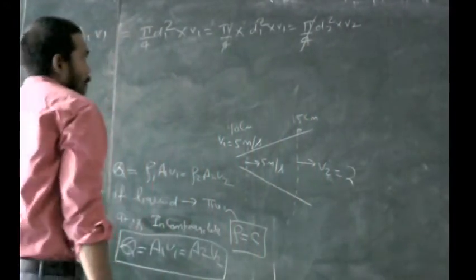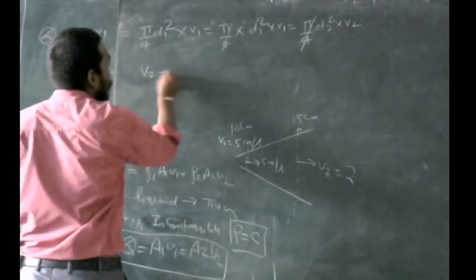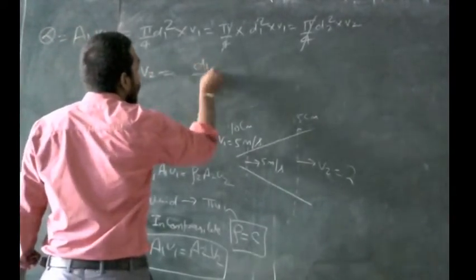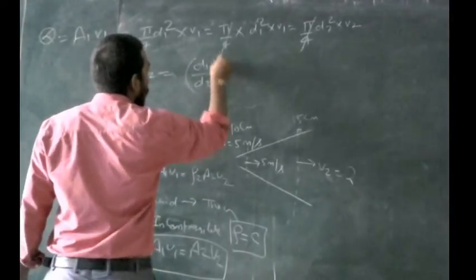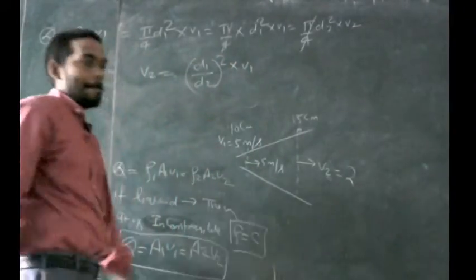We know V1, so we can find V2 equal to D1 upon D2 the whole square into V1.